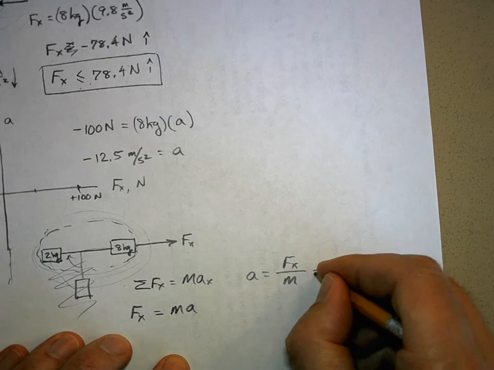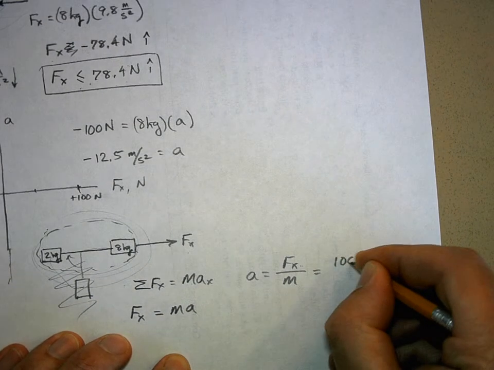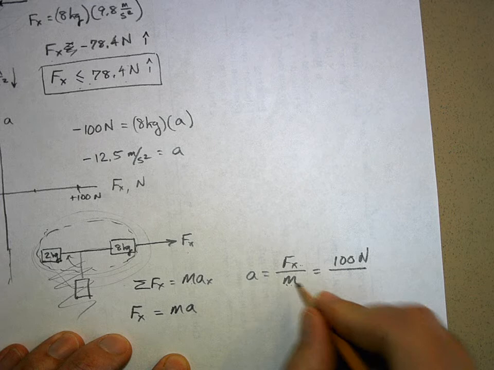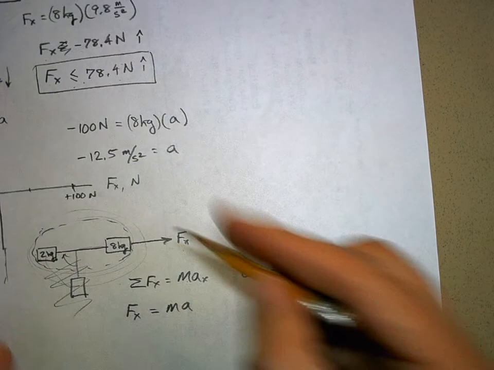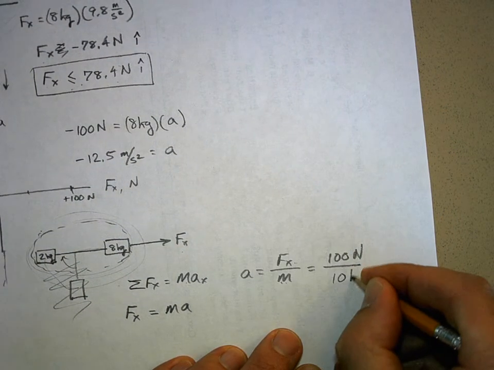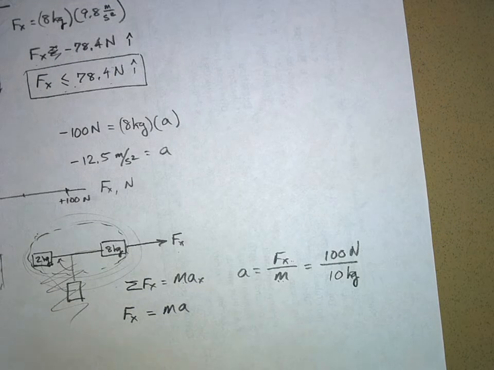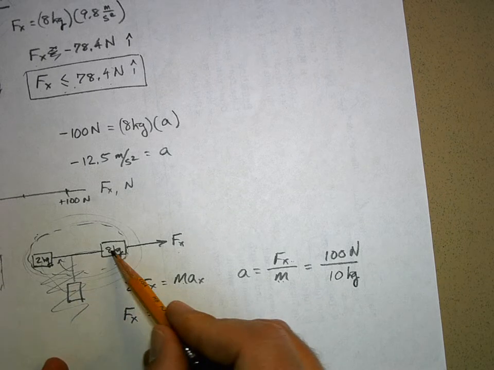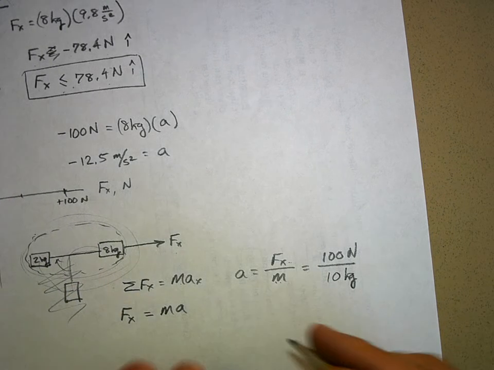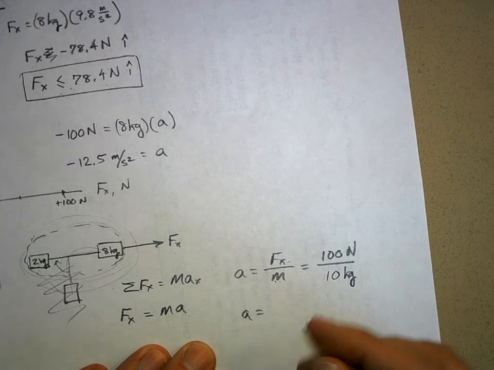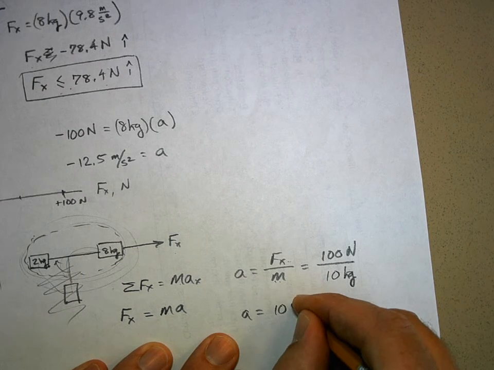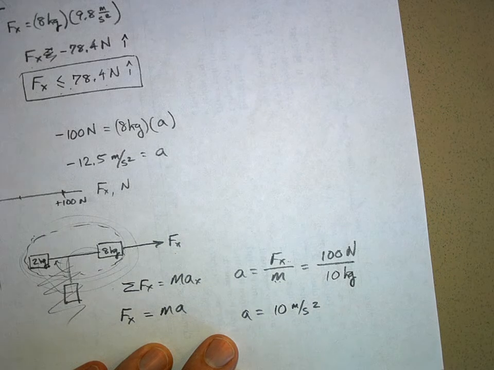Well, f sub x is 100 newtons, but the mass of all of this is 10 kilograms. I'm accelerating 10 kilograms of mass with that 100 newton force, because there's no friction here or anything like that, and this is just connected to a pulley. So this acceleration is 10 meters per second squared in the positive direction.